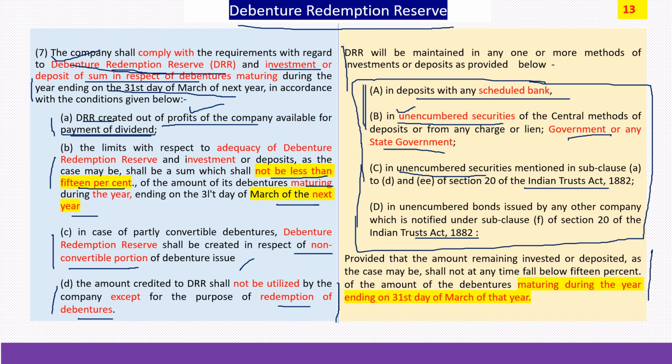And one has to cross-check always that the amount put into the debenture redemption reserve during a year doesn't fall below 15% of the debentures maturing during the year ending 31st March.